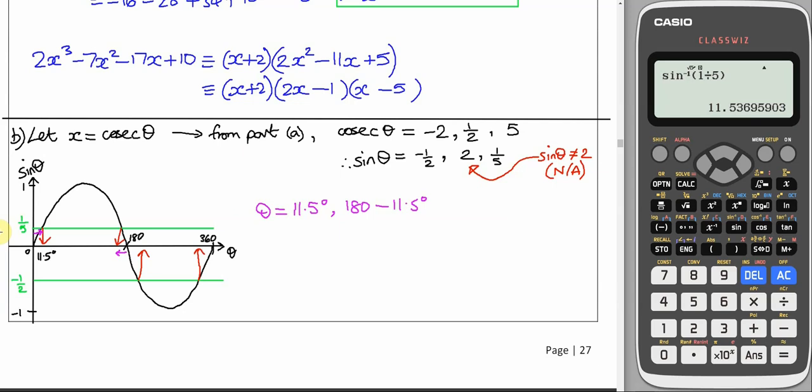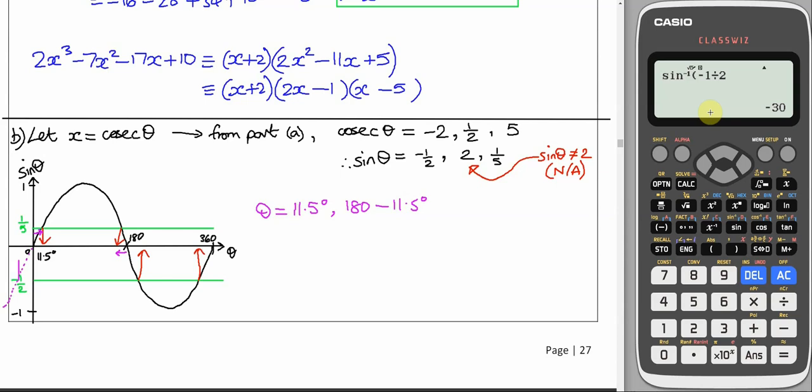Now sine theta equals minus a half. Well, if we put inverse sine of minus a half in the calculator, it gives us a negative angle, which is fine, that's correct. We've just got to know how to deal with that. So imagine the graph was continued into the negative theta values.